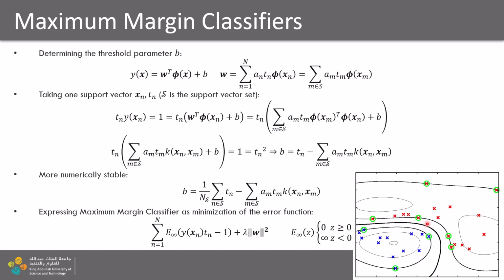So we cannot find a single line which would be linearly separating these two classes in the input space. However, we have the feature space, and here the kernel is a Gaussian kernel, which as we know corresponds to an infinitely dimensional feature vector.